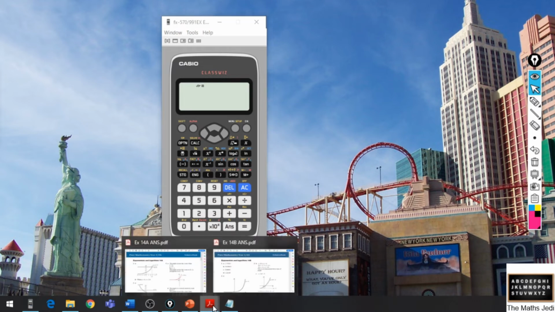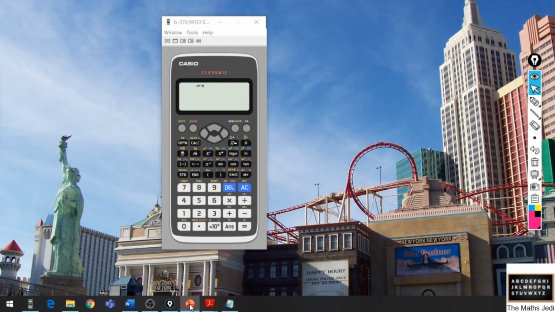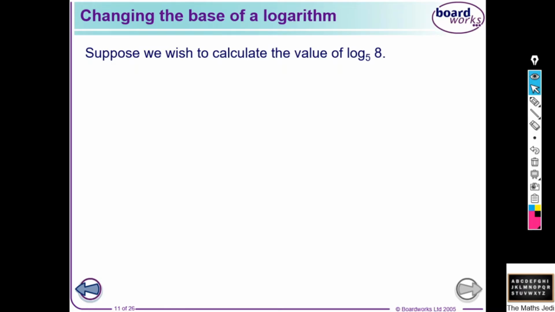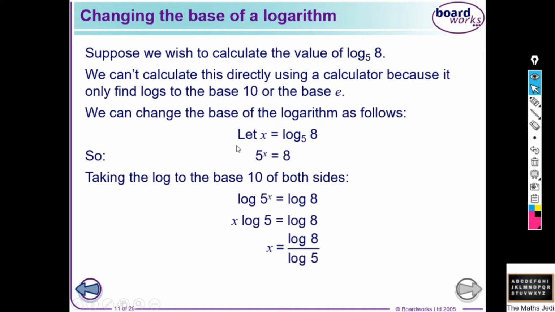What we were doing in this calculation, if you remember, is we were doing log to the base 10 in both of those calculations. So let's just have a look at that again. So in this particular example, we were doing log 8 divided by log 5.